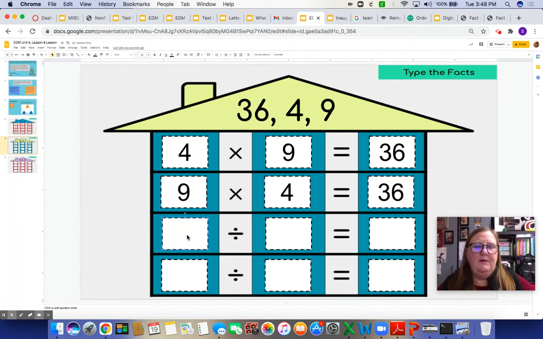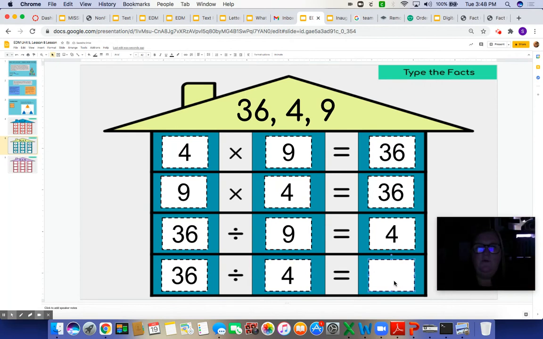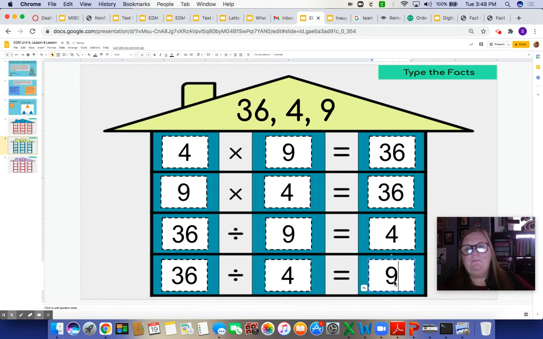Now we're going to bring 36 down here first, divided by 9 equals, what do you think is going to go in that box? Right, 4. And then our last problem will be 36 divided by, we used 9 last time, so what's going to go in this box this time? Correct, 4. And our last answer, 36 divided by 4 equals 9.